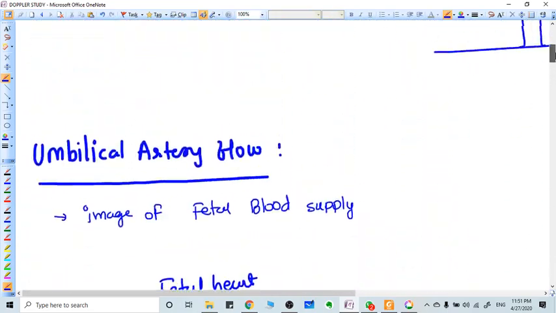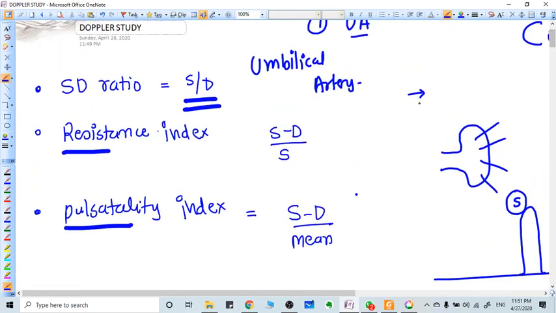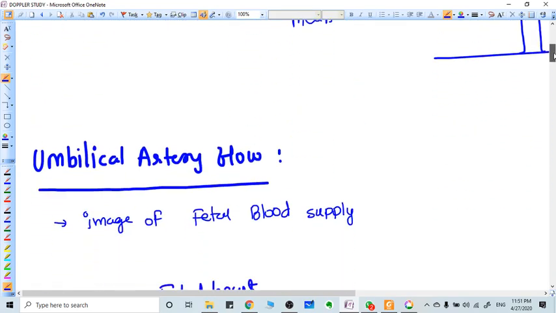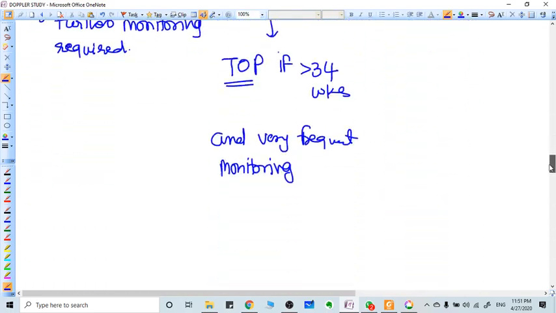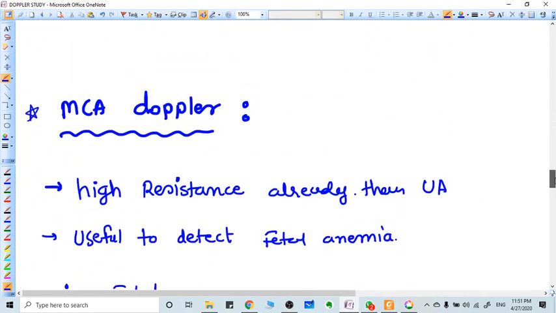Now, two other indexes are the resistance index, which we measure as S minus D divided by S, and the pulsatility index, which we measure as S minus D divided by the mean. They have their own importance, but we don't need to know about this here because this is a very basic video for color Dopplers. Now, the second artery we talk about is the middle cerebral artery.